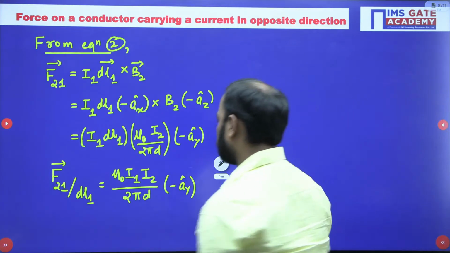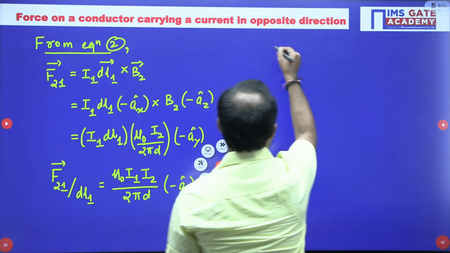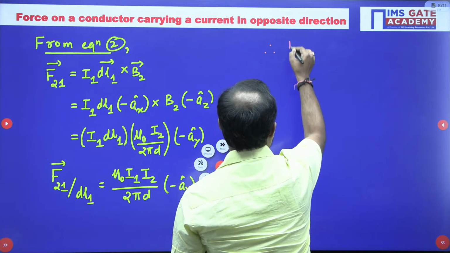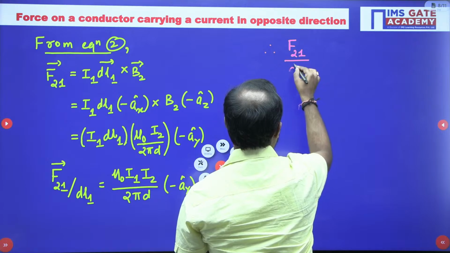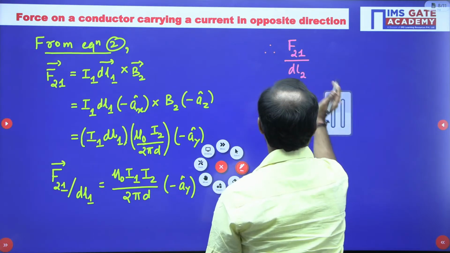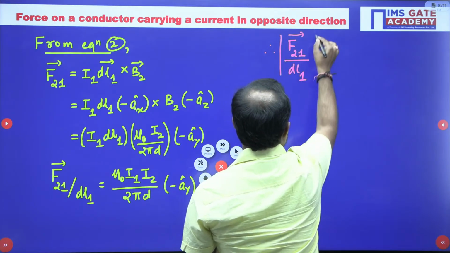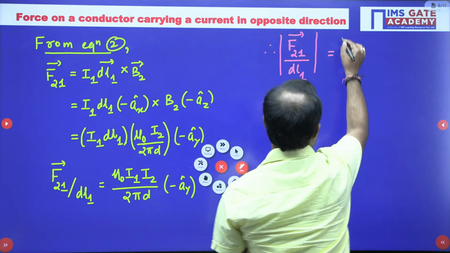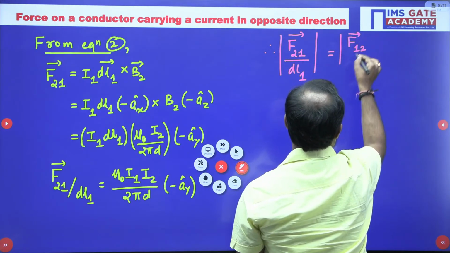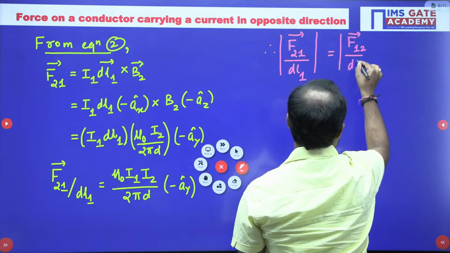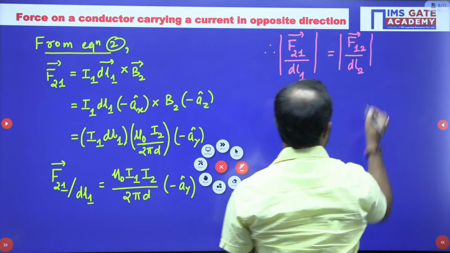So can I say here, therefore, F21 divided by del L1, the magnitude will be the same as F12 by del L2.